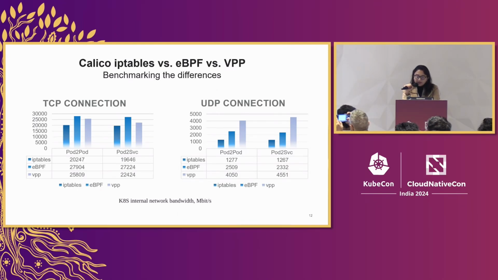Now, VPP has the potential to perform better as it processes packets in bursts. But AF_XDP currently does not support burst packet processing, hence VPP performance is not up to the mark. If we move to options like DPDK and other VPP native drivers, which have the ability to send packets in bursts, then we'll see enhanced performance in VPP.